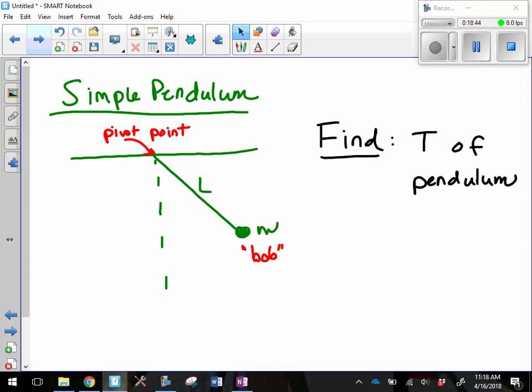Just like we had one for the mass on the spring and the torsion pendulum, we want to find the period of this simple harmonic motion that we're going to have with a simple pendulum that swings back and forth.